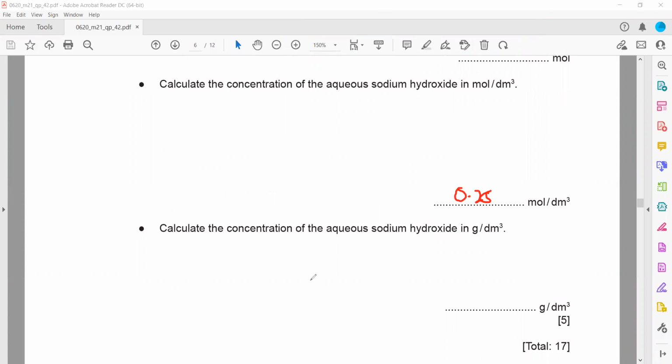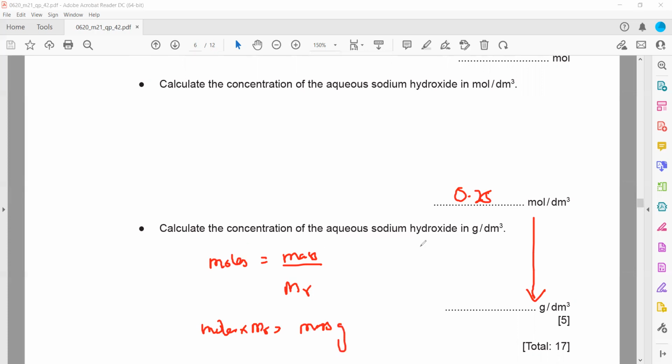We have the formula moles equal mass in gram divided by molar mass. So to convert moles into mass, we multiply by molar mass, because moles multiplied by molar mass equals mass in gram.